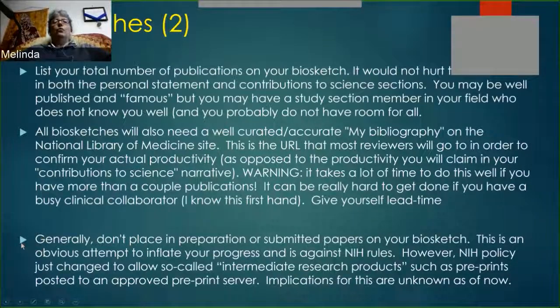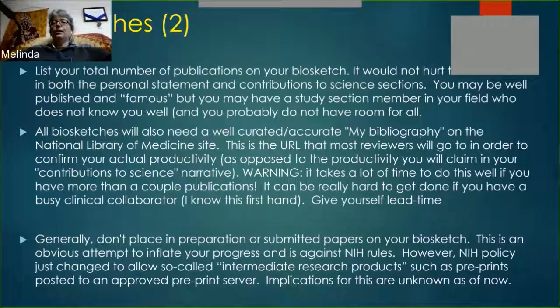Now, one thing about when you're doing your biosketch is that there's a rule that says you shouldn't place in preparation or submitted papers on the biosketch, and reviewers really don't like it, because especially in preparation papers are often fantasy. So it makes it like an attempt to inflate your progress. However, there's a new policy where NIH says that you can list intermediate research products.